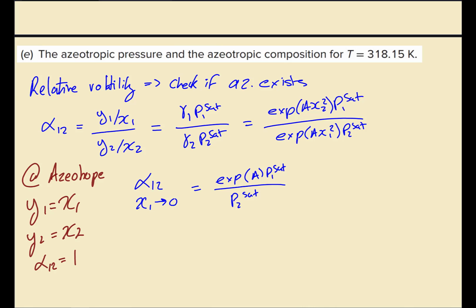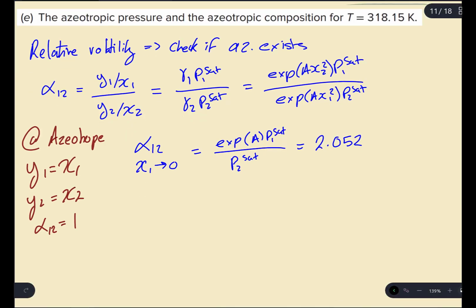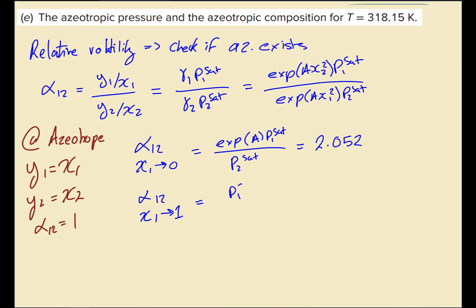Saturation pressures are functions of what? Temperature. We have the temperature. We can plug in the values to the equations that we have, and A is also a function of temperature. Plug in that value in there, do the math, and we get a value here of 2.052. Then we apply this to x1 approaching 1, and we find, again, simplifying the equation, P1 sat over exponential A P2 sat.